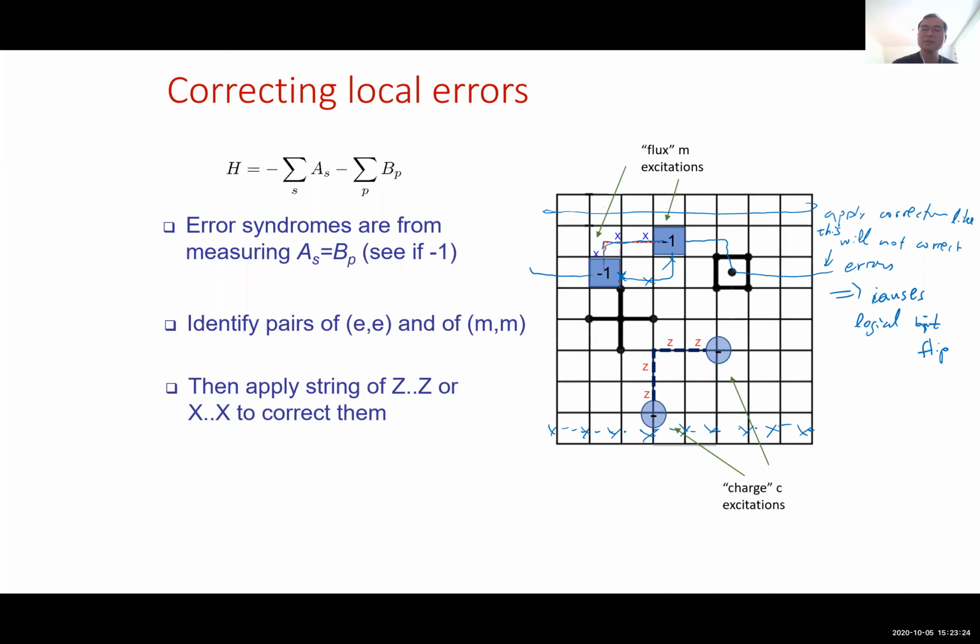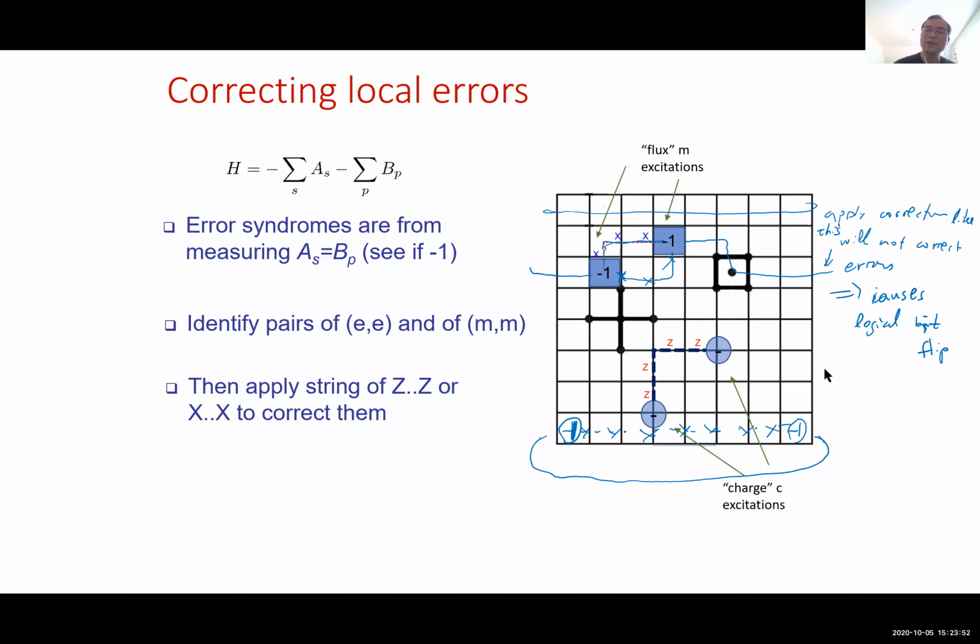Yeah, because for this particular example, it's a logical operation. But if you have an error that almost spans like this, then -1 is here. If you incorrectly identify this closest distance to correct that, then it would connect to become a logical operation.